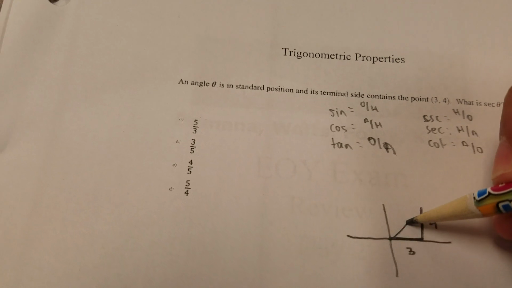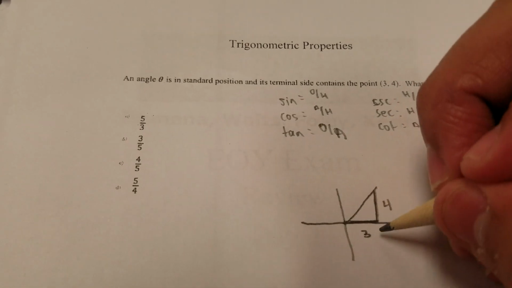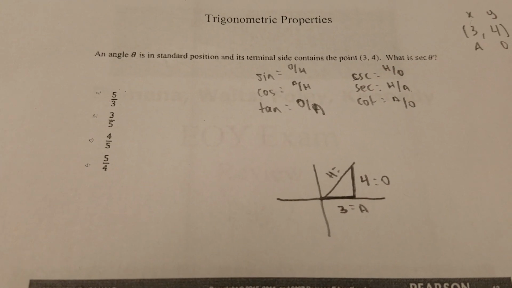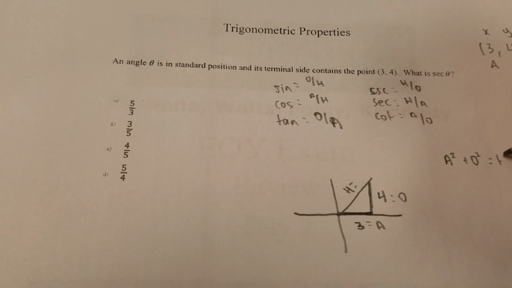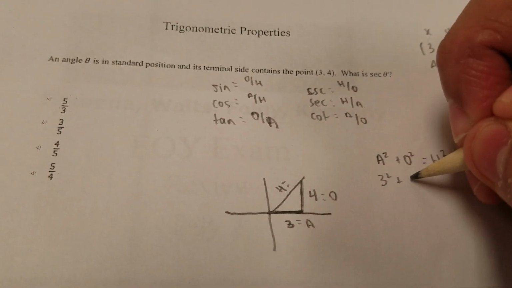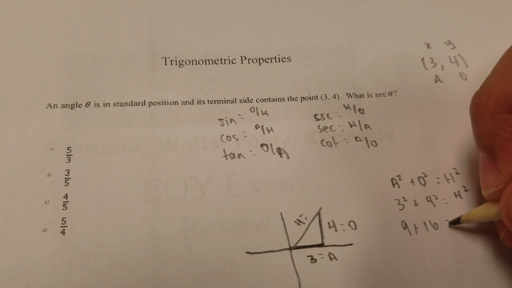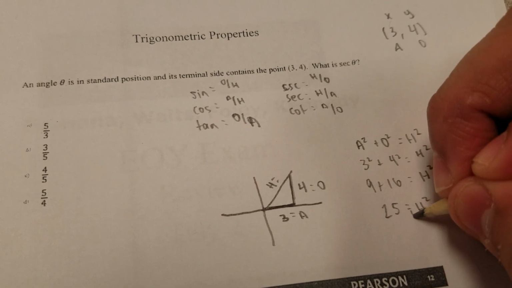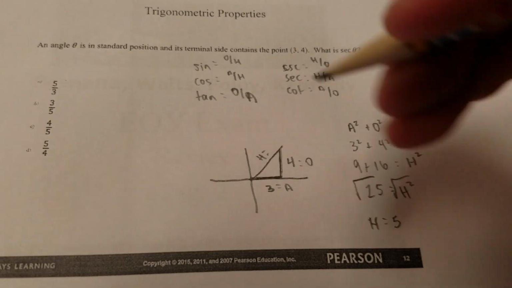So this is my triangle, and this is my A, my O. The only thing I'm missing is my H. If I want to find it, remember that A squared plus O squared equals H squared. So 3 squared plus 4 squared equals H squared. So 9 plus 16 equals H squared. And when I square root this thing, I get that H is equal to 5.